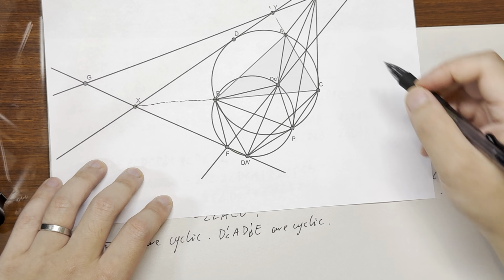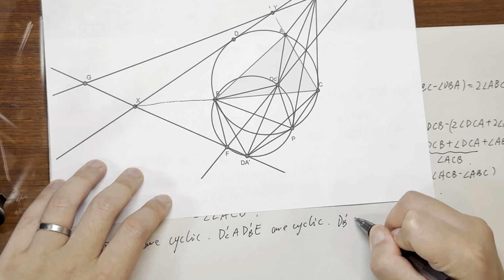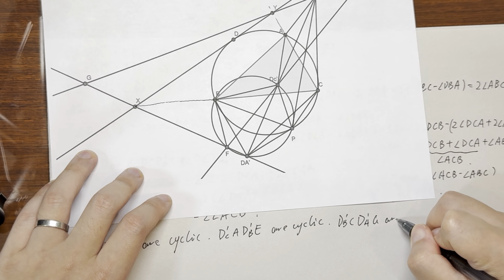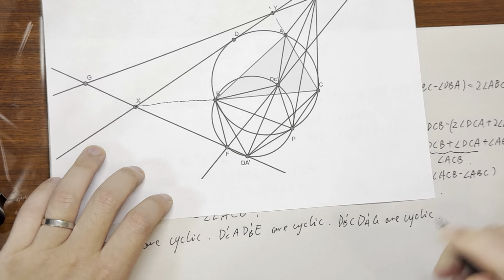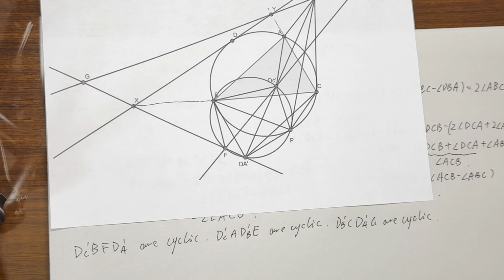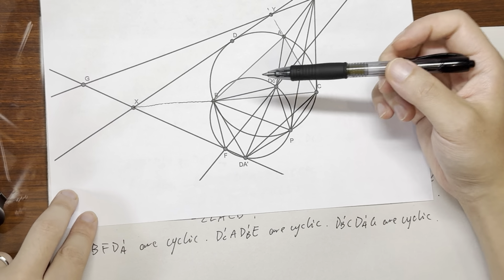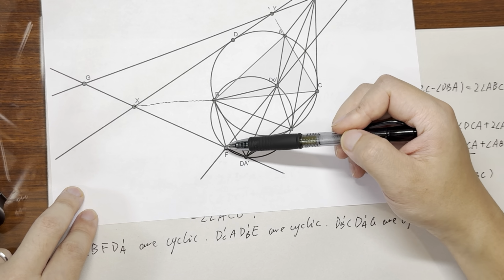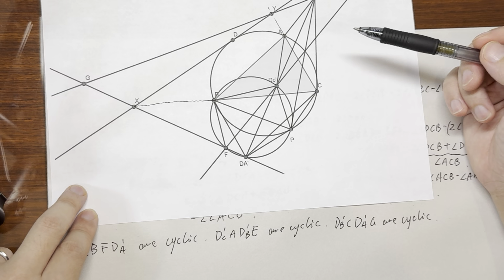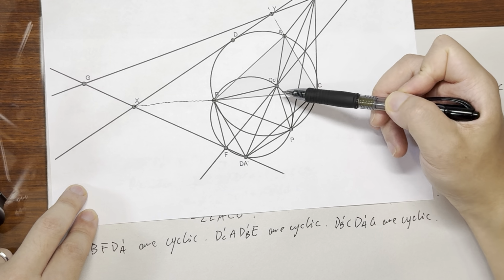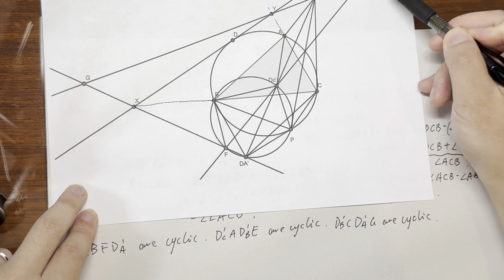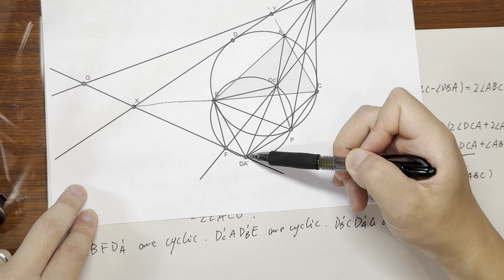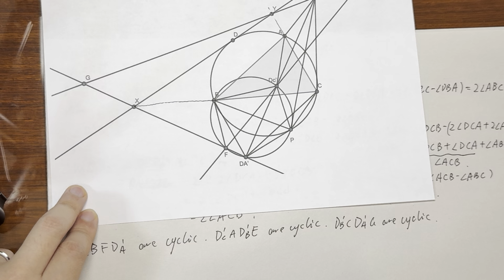Also, DB prime C, DA prime G are cyclic. You just use exactly the same method. So now we find that DC prime, DA prime, F, B are cyclic, and DC prime A, DB prime E are cyclic. Also, DB prime C, DA prime G are cyclic.